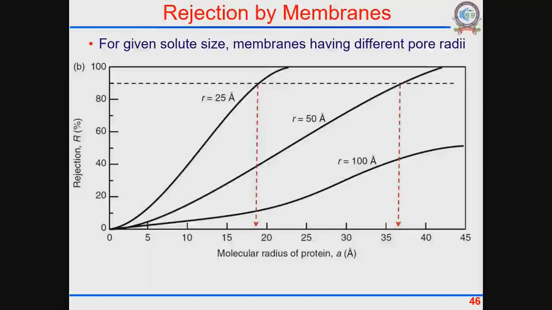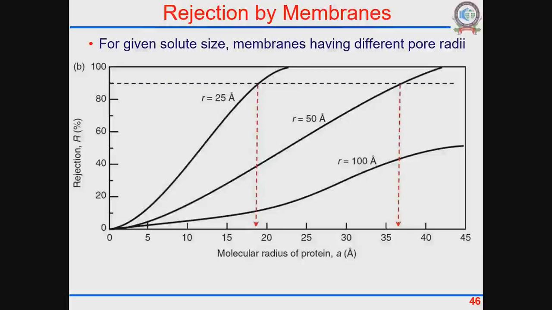We can of course calculate all this. For example, if I take a particular solute size and take different membranes with different pore radii, for example, a membrane with 25 angstrom pore radius, 2.5 nanometer, or a membrane with 50 angstrom pore radius, 5 nanometer, or a membrane with 100 angstrom pore radius, 10 nanometer. If I have a particular size of solute and take smaller and smaller membranes, it will be rejected to a larger and larger extent.